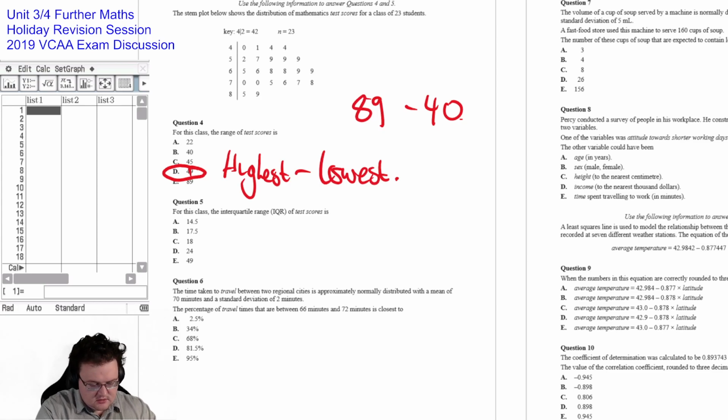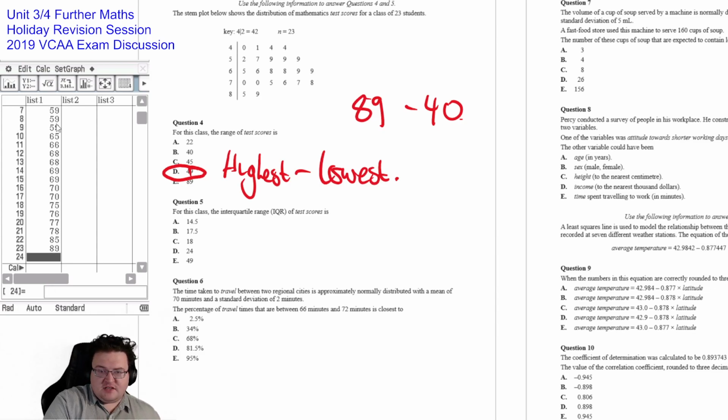So the statistics: 40, 41, 44, 44. All right, I've entered all my numbers in, and I'm down to row 23.